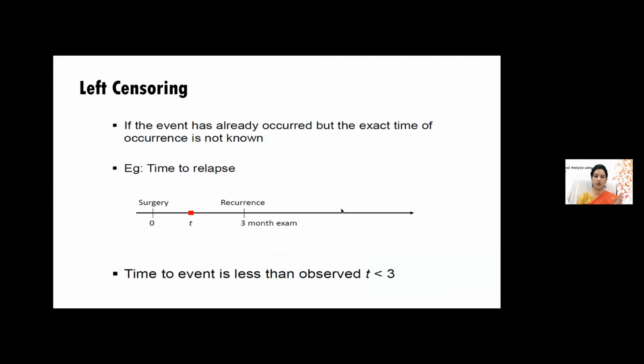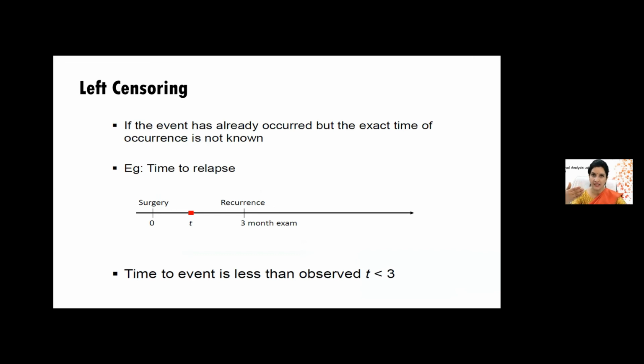Now the other concept is the left censoring. Left censoring is whenever you don't know when the event has happened. If the exact time of occurrence of the event is not known, then it is known as the left censoring.